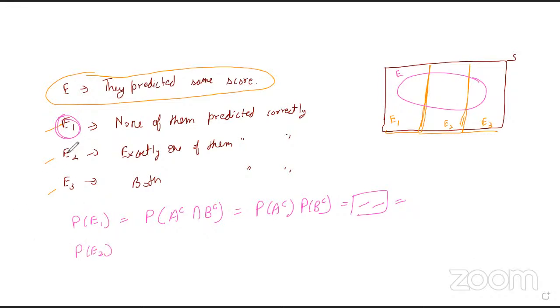Do I have information about E2? E2 would be A predicted correctly and B predicted incorrectly, or A predicted incorrectly and B predicted correctly. Again, by using independence, I can compute the probability of E2.